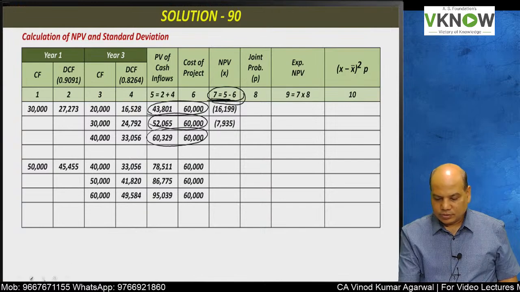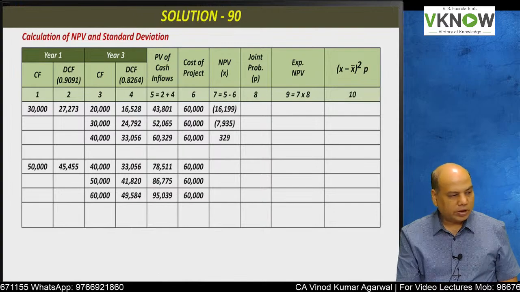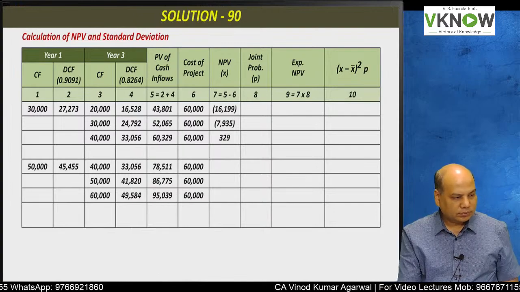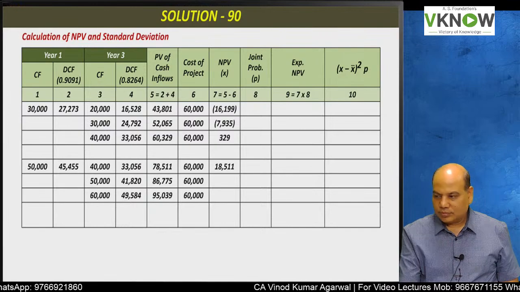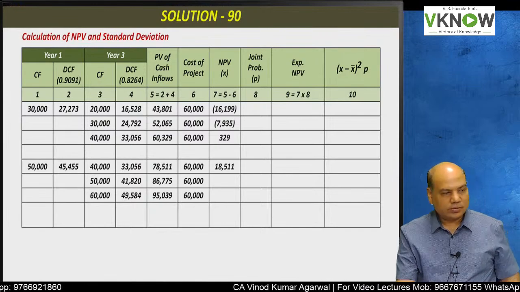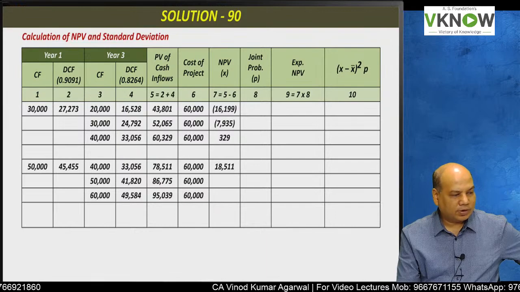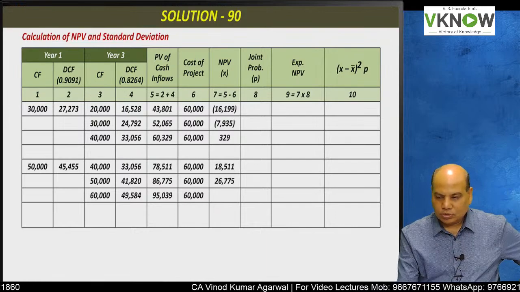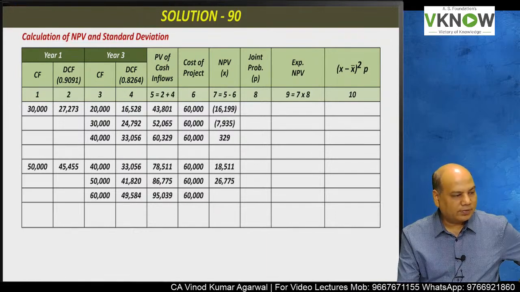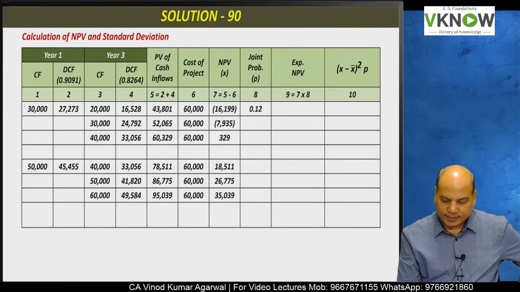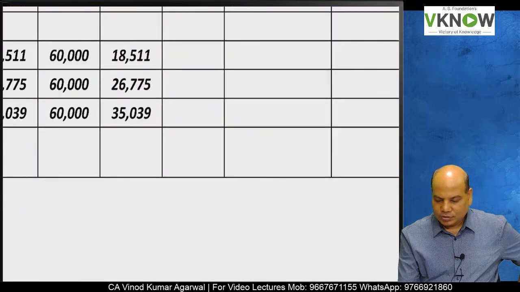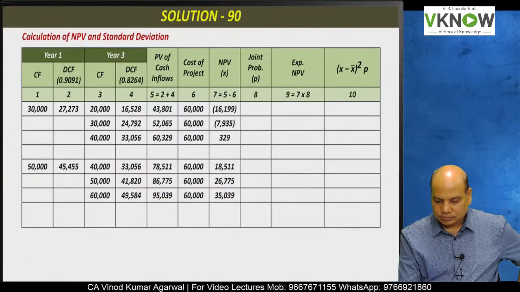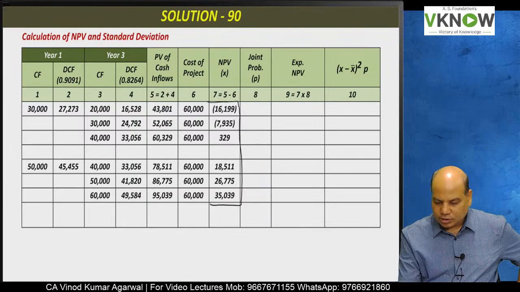7935, 329, 18511, 26775, 35039. Please check whether this column is right.